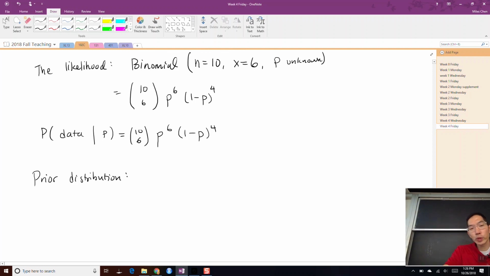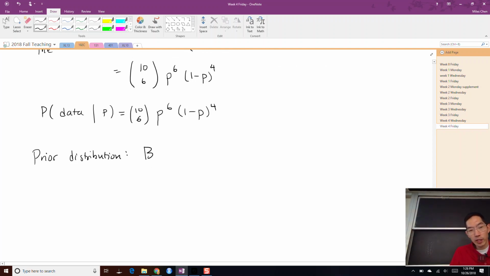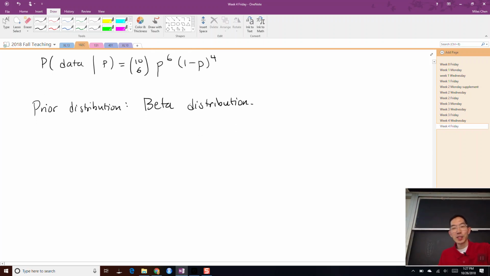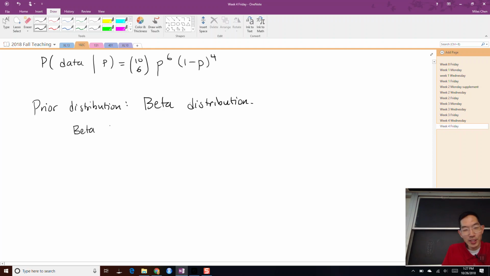For the prior distribution, we will use a beta distribution. The reason why, well, you'll see later, but basically the beta distribution is known as the conjugate prior to the binomial distribution.